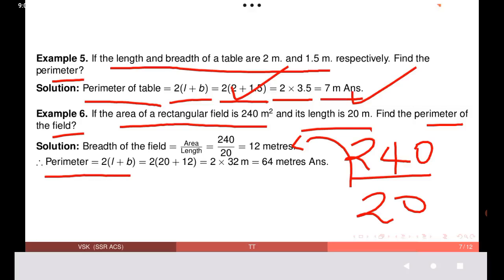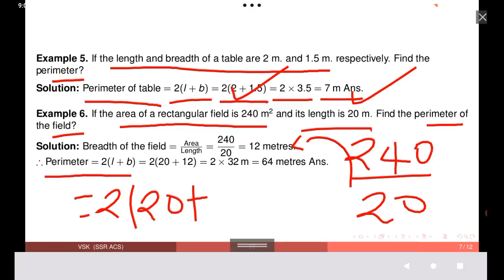And the perimeter is 2 into (L plus B). So it will be 2 into (20 plus 12), which we have obtained over here. So this will be simply 2 into 32, and this is 64. So these types of questions are very easy.